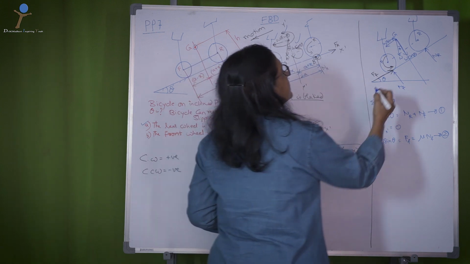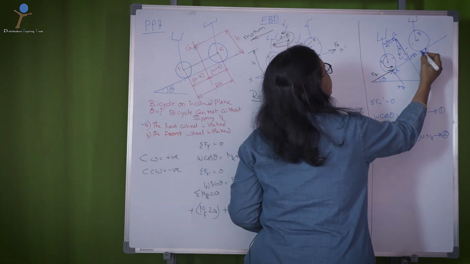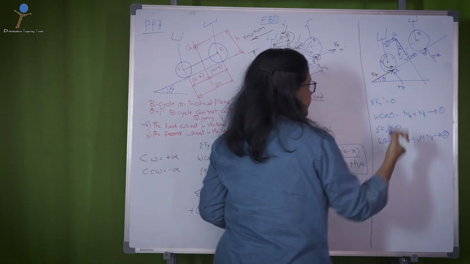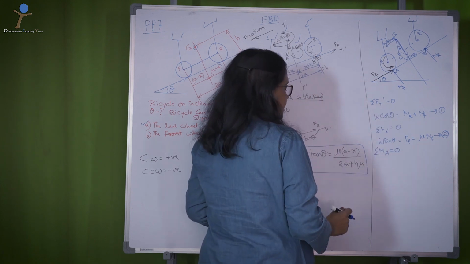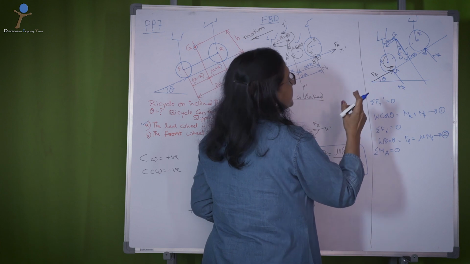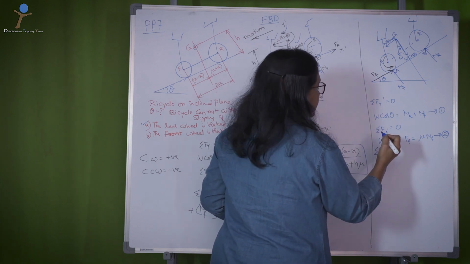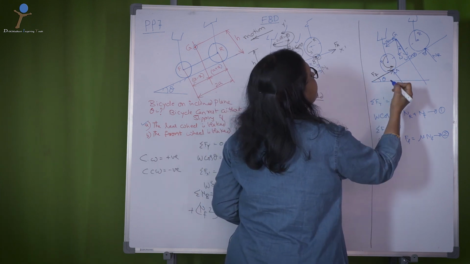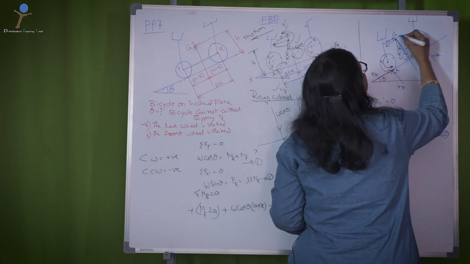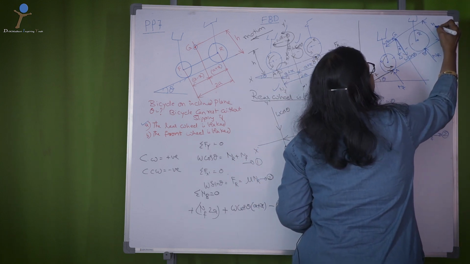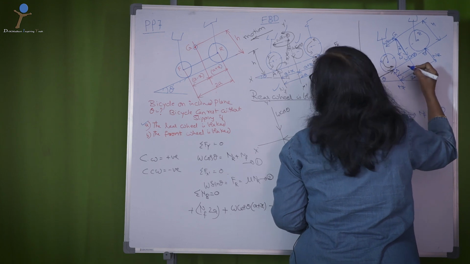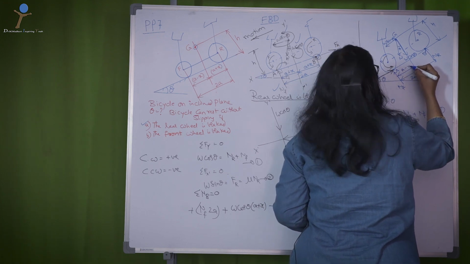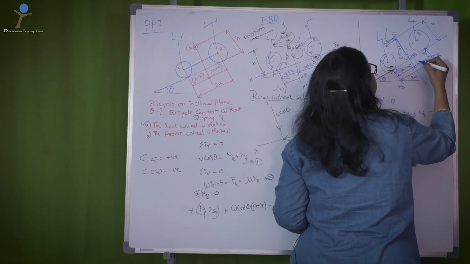Now this time the moment we take at the front wheel contact point, that is sigma Ma equal to 0. Now in sigma Ma equal to 0, you have the equation about moment about this point. This is h, we know that, and this is 2a, and this is a minus x, and this is a plus x.